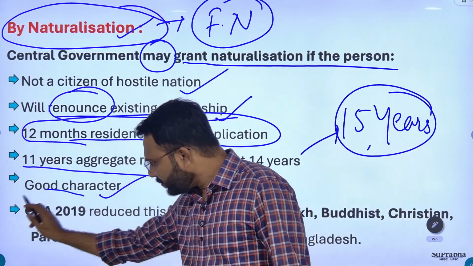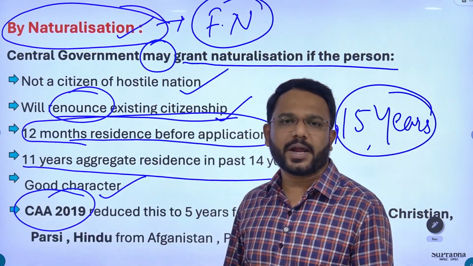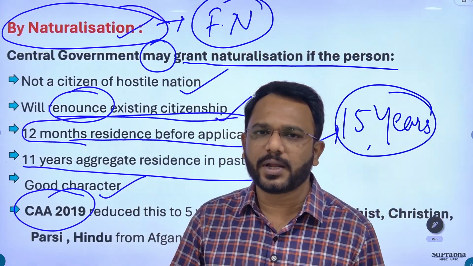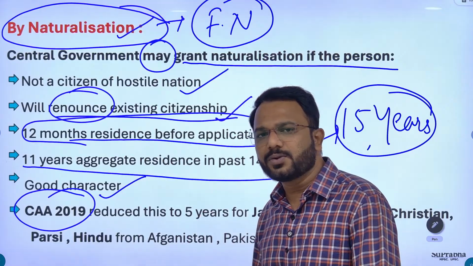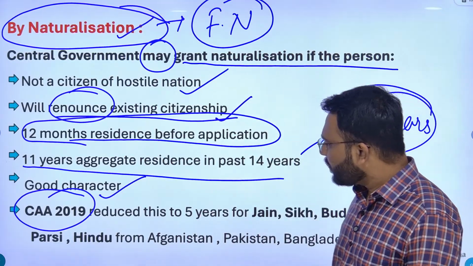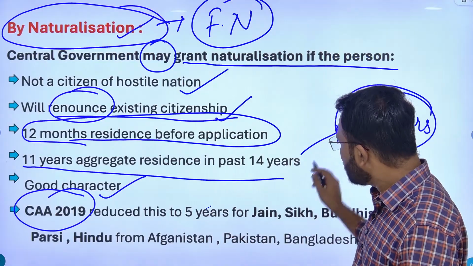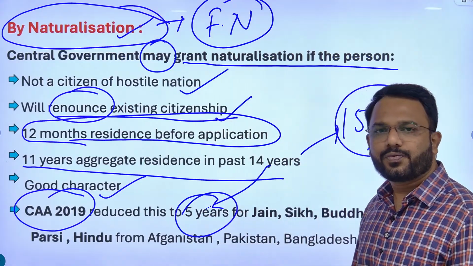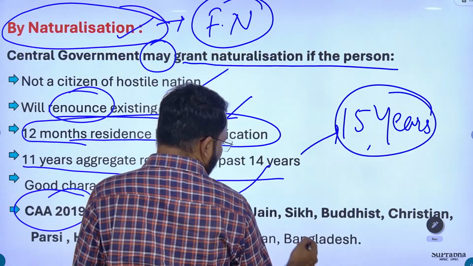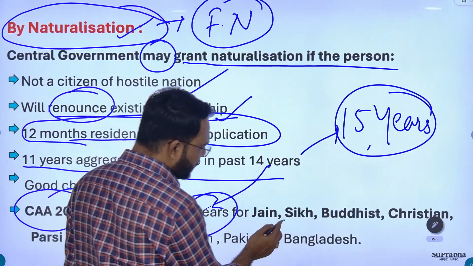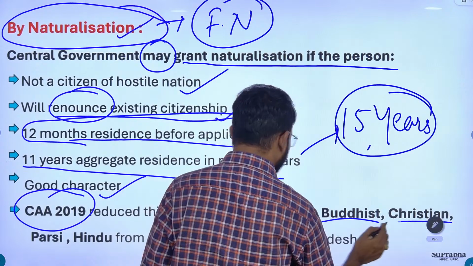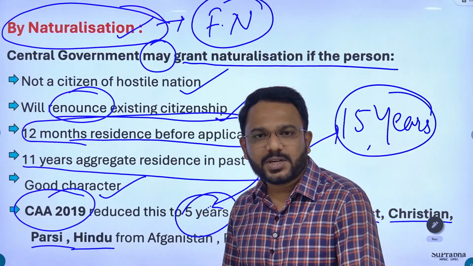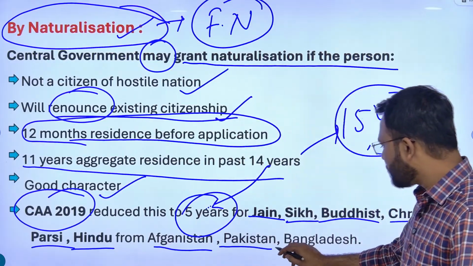But in 2019, there was an amendment known as the Citizenship Amendment Act of 2019, which introduced some changes. It reduced this overall time of residence to 5 years for individuals belonging to the Jain, Sikh, Buddhist, Christian, Parsi, and Hindu communities who are nationals of Afghanistan, Pakistan, and Bangladesh.